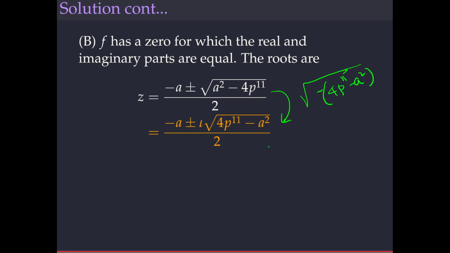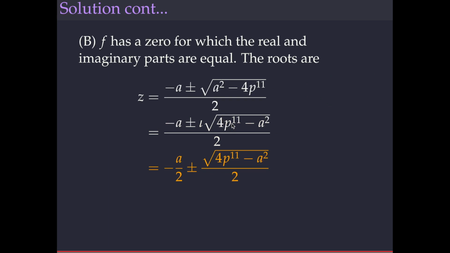Now if I write it as real and imaginary parts, we get minus a by 2 plus minus i times square root of 4p to the 11 minus a square by 2. Now, is this 0? No, this is not 0 because a is not equal to 0. Hence from this also we can see that it cannot have a 0 on the imaginary axis because this is non-zero. So this is again a justification for option A not to be true.